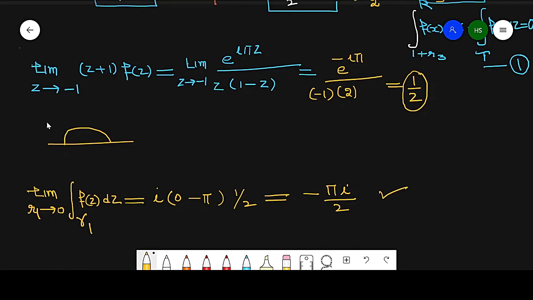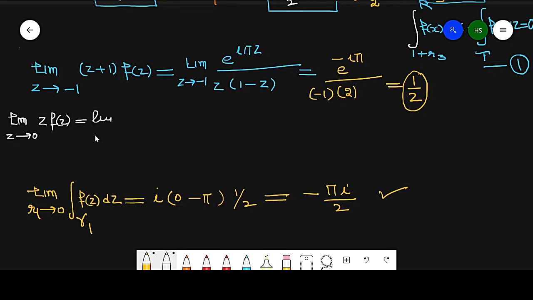Now, to find the second integration, that is around the value z equal to 0. What is the limit here as z approaches 0 of z times f(z)? The z is cancelled.